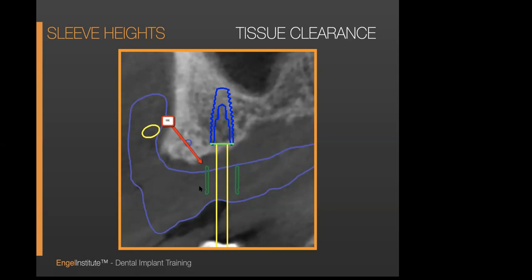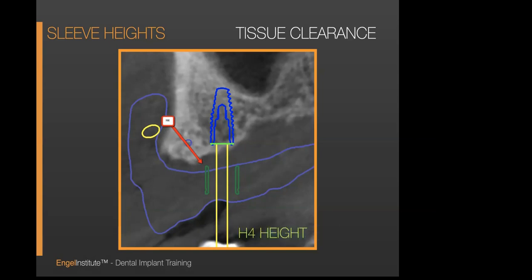You would either have to flap the tissue away to get it out of the way, and then it won't rock. Or you get a tissue punch that's bigger than 5 millimeters, and you do a tissue punch first with a 6, then you seat the guide, and the punch is bigger than the sleeve, so it won't rock. In the back, that's where my go-to would be. I would rather punch the tissue wide and not have that extra 2 millimeters of drill height, if you will.